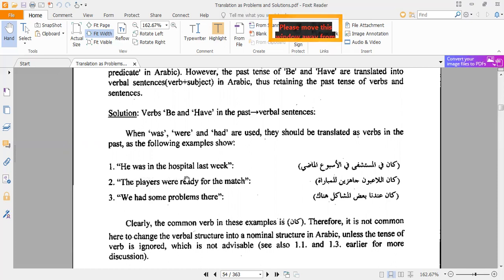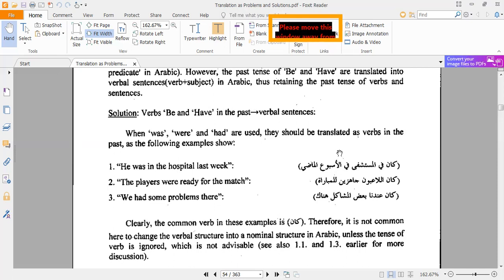The players were ready for the match. كان اللاعبون جاهزين للمباراة. وبالتالي أنا لما استخدمت كان ظلت الجملة verbal sentence. يعني أنا verbal sentence with was or were or had in English is rendered as a verbal sentence in Arabic.